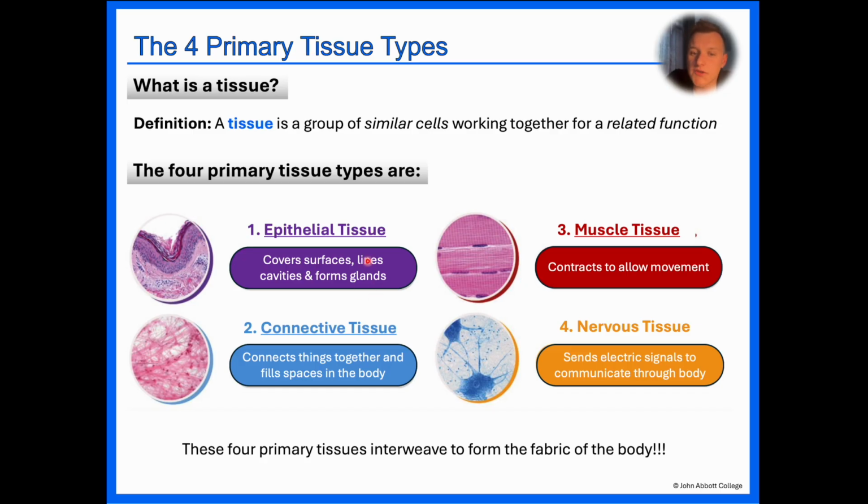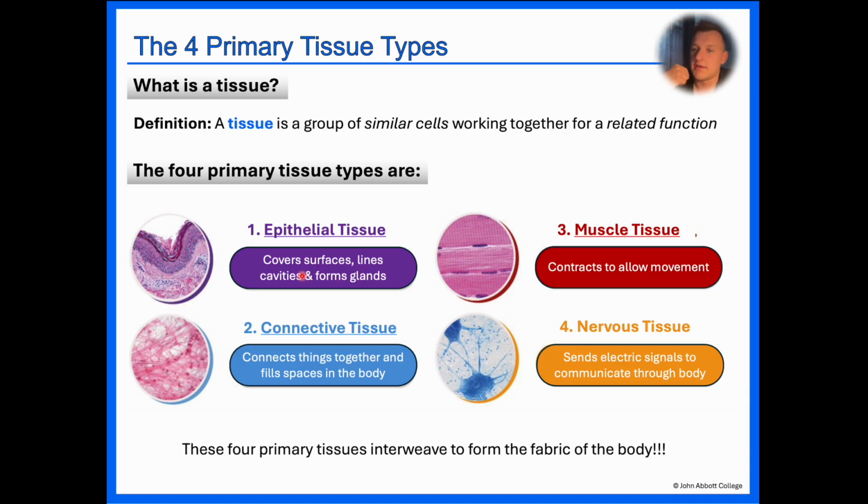It could also, however, be lining cavities or different tubes in your body. So, for instance, all your digestive tract, right, from the mouth all the way to the rear end, you have epithelial tissue that lines that tube.